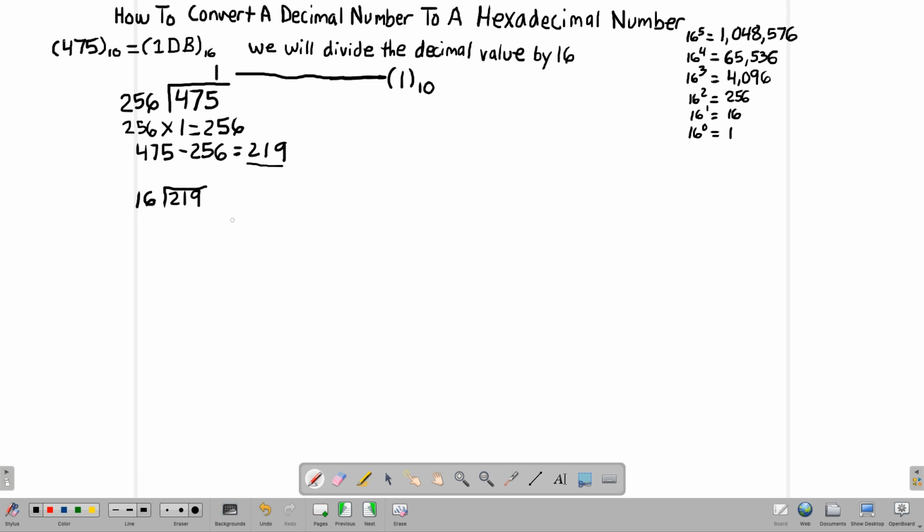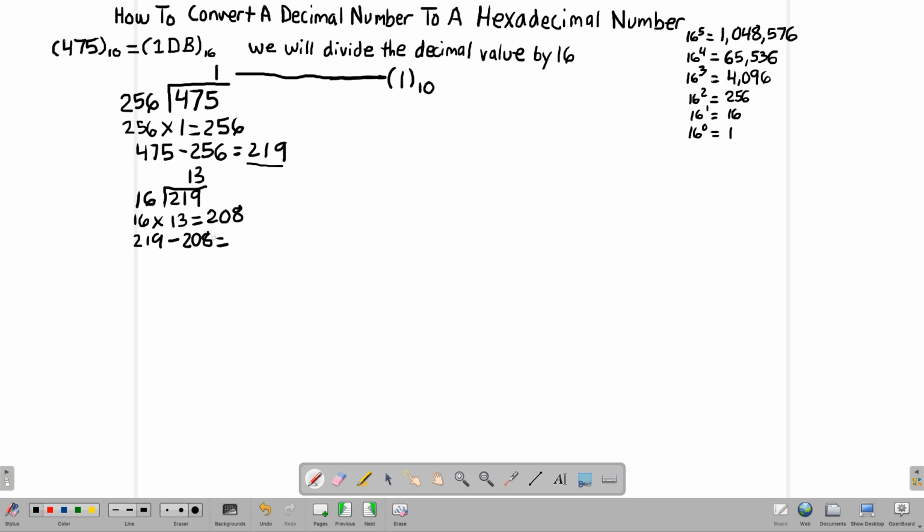Let's see what we produce. 219 divided by 16. And that's 13 times. So we have 16 times 13. And that's going to equal 208. And then we show 219 subtract 208.